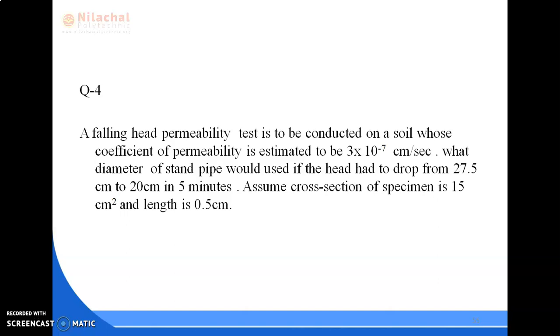Assume the cross section of the specimen is 15 cm² and length is 0.5 cm. So this is our question. Here also it is mentioned that this is a falling head test. In every question it is mentioned whether it is constant head or falling head, so it is easy for you to identify which formula you have to apply.